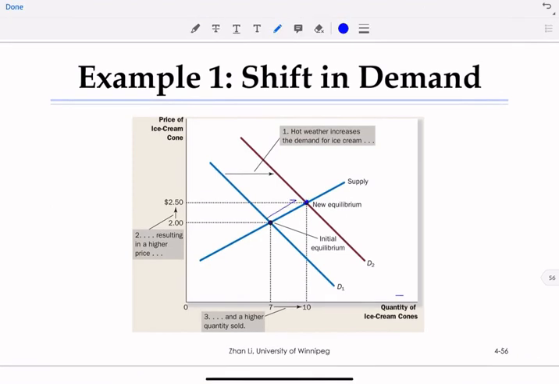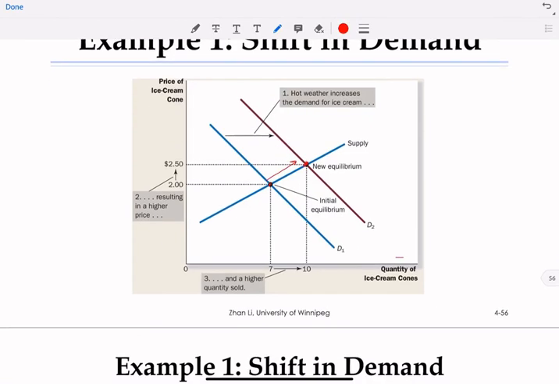So this is how the equilibrium point moves. And we can see that the market will have a higher price and higher equilibrium quantity, right? So the equilibrium price increases by 50 cents and the equilibrium quantity increases by 3 units.